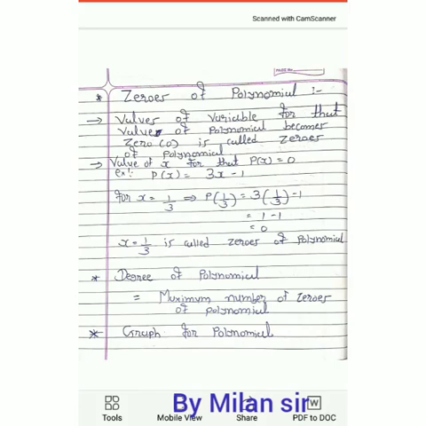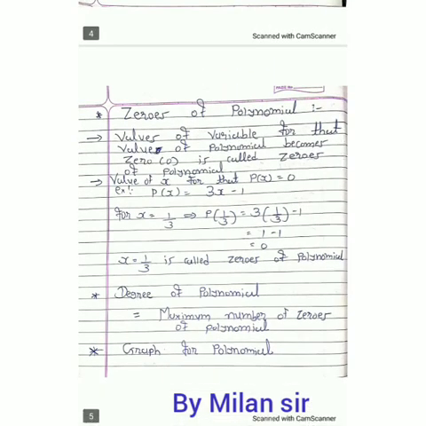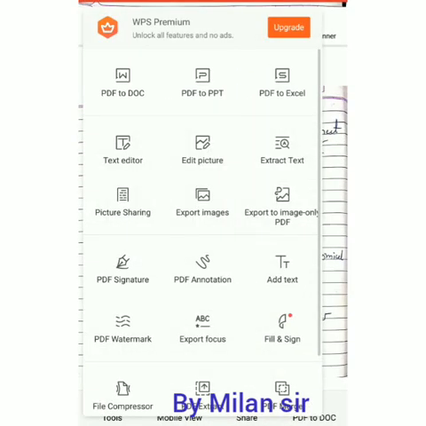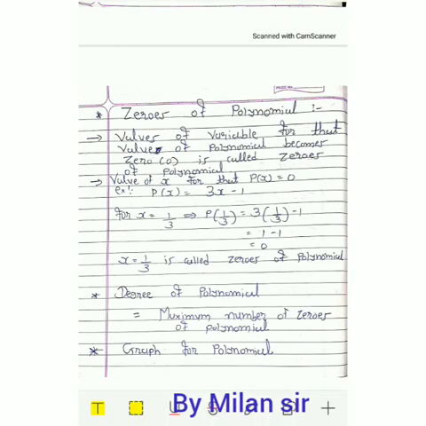Before the explanation of the graph, I want to explain one more thing. Take one example. P of x is equal to x squared minus 1.